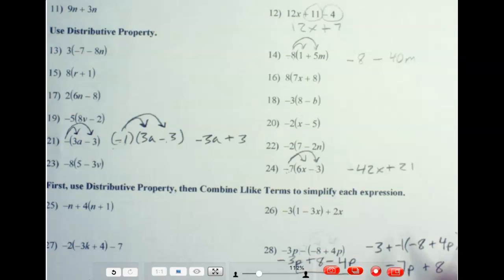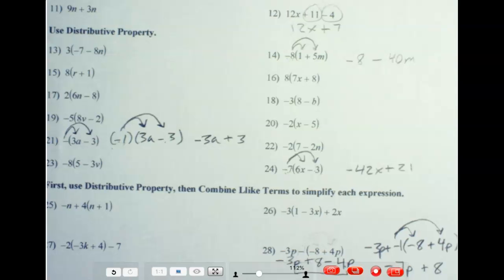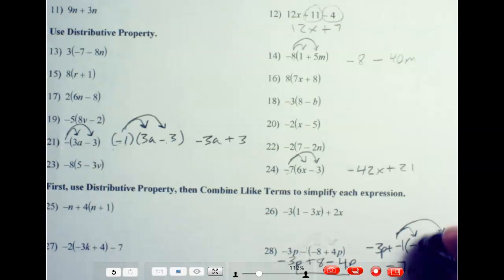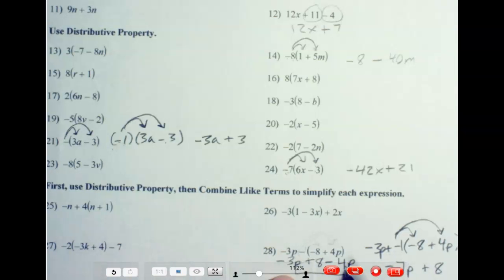I put my arrows in so you can see how I got the positive 8, how I got the negative 4p, and so I put the negative 3p up there. This became negative 7p, because we have both a negative 4p and a negative 3p.